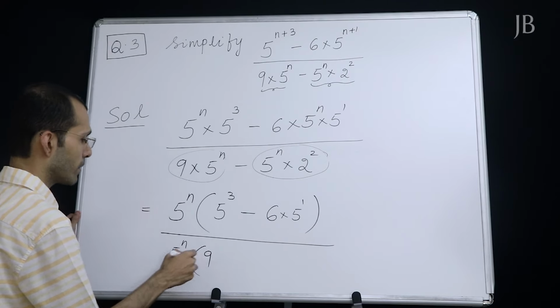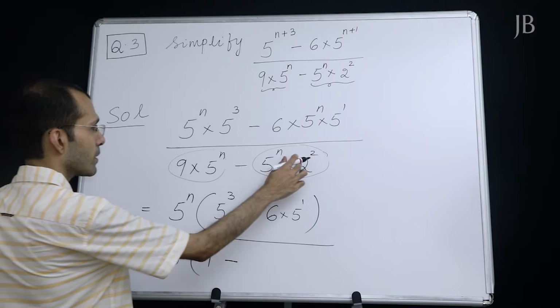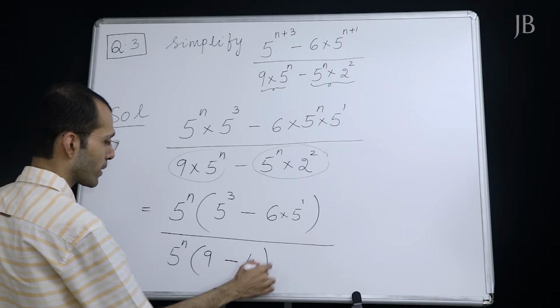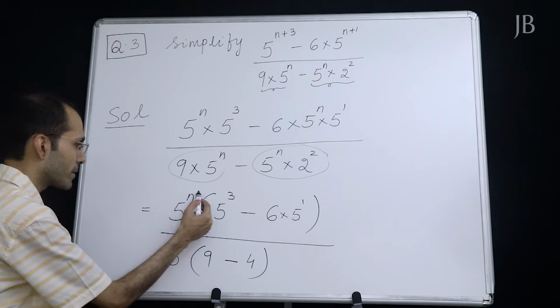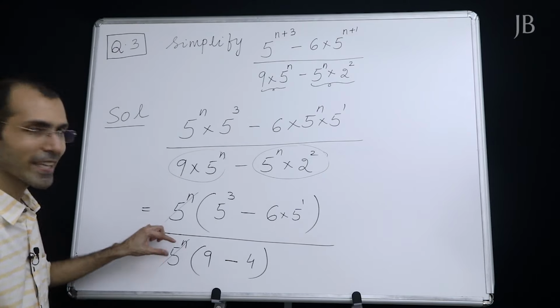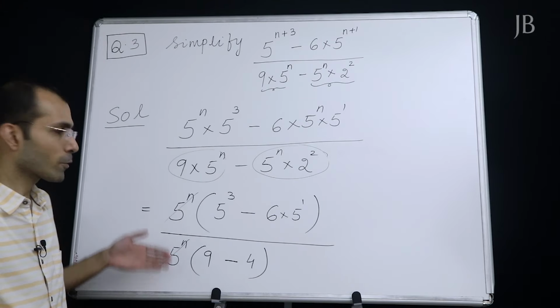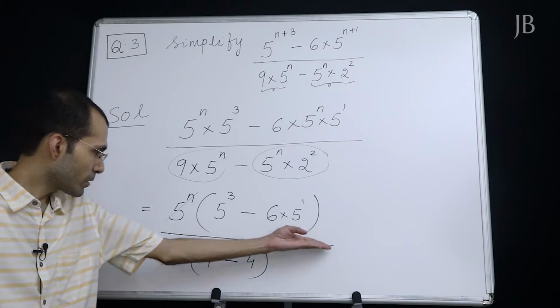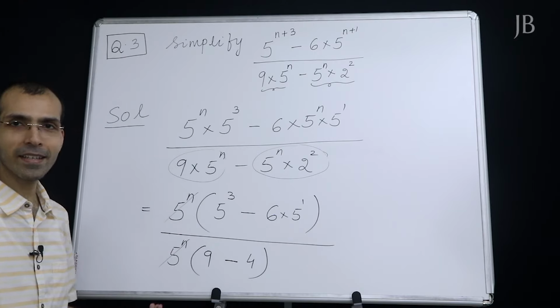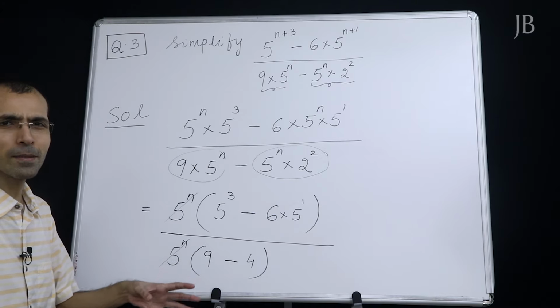This will be 9 minus, 2 square will come, that is 4. Now see what happens: phi raised to n, phi raised to n, that entire term gets cancelled because this is a multiplication sign, this is also a multiplication sign. So two identical terms joined by division will easily get cancelled. And now we are left with this small thing which we just need to simplify.